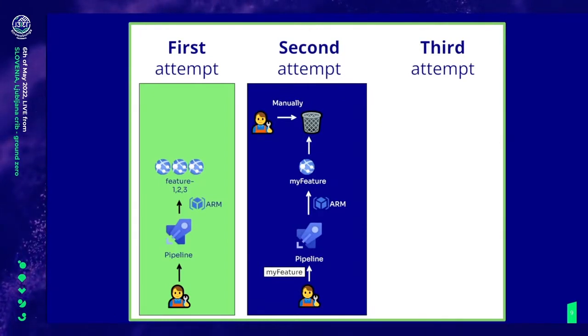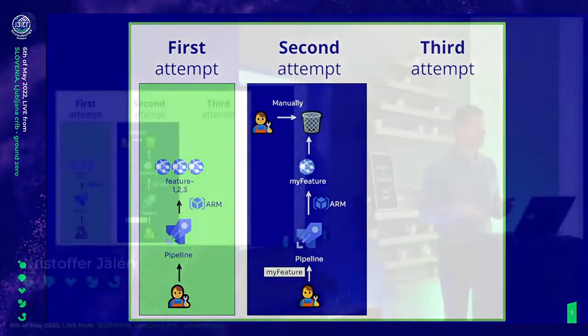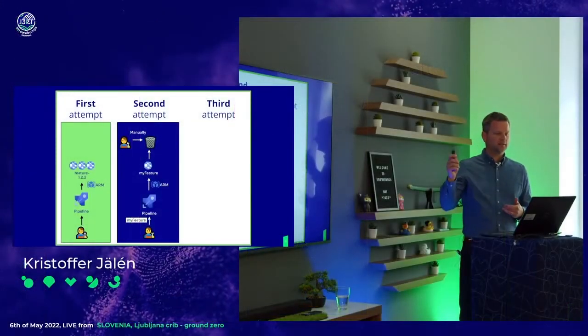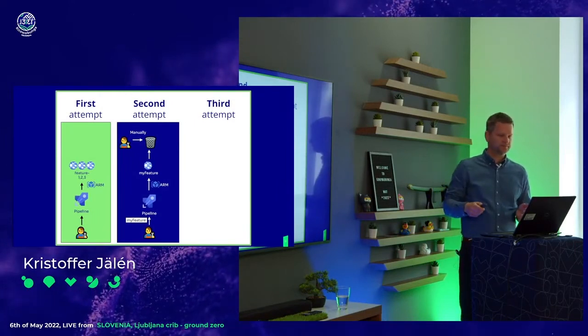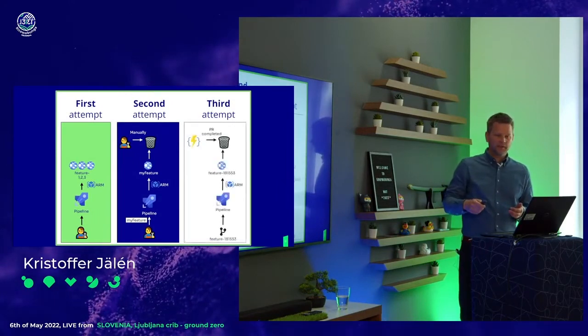So all of a sudden we could create as many feature environments as we wanted. Very good, but when we were able to do that, we also ended up with quite many feature environments, like 20 or 30 or something. And we scratched our heads, and now it was totally impossible to know which one was used or not. So we had a lot of garbage lying around, and we did another attempt.